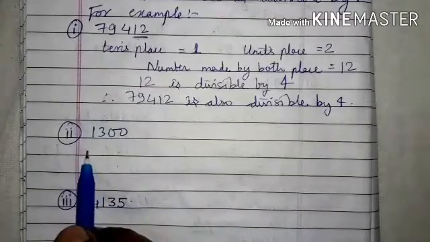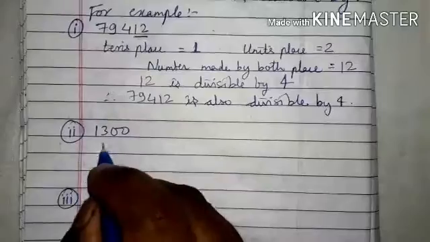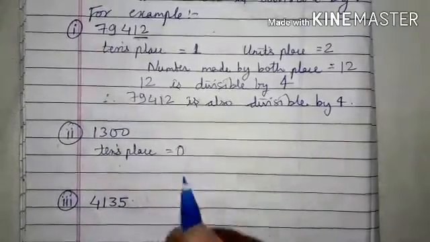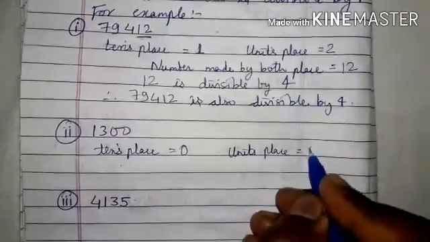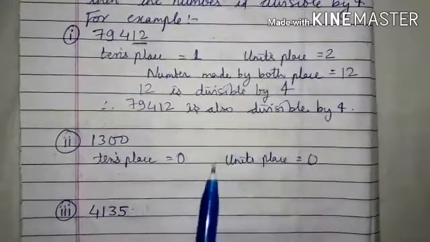Now, in the second question, 1300. So the tens place is equal to 0 and the unit place is equal to 0. So here the tens and unit places have zeros.